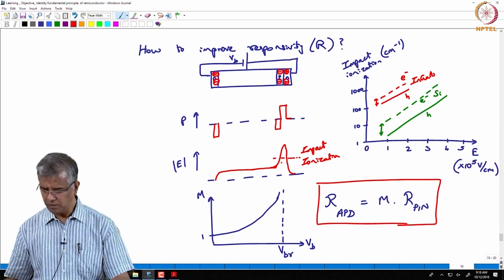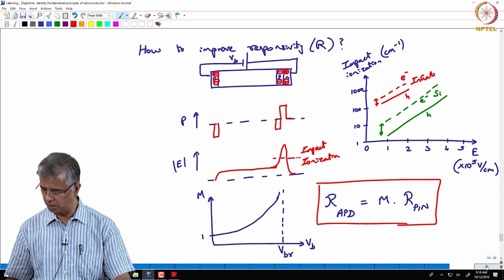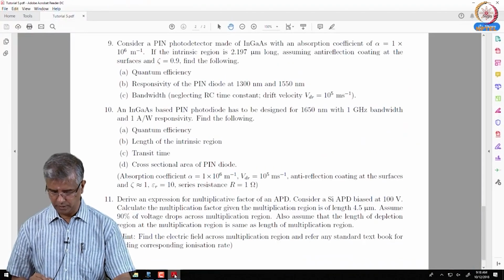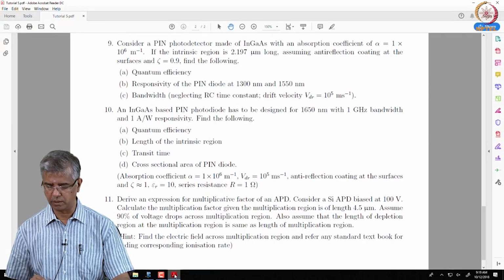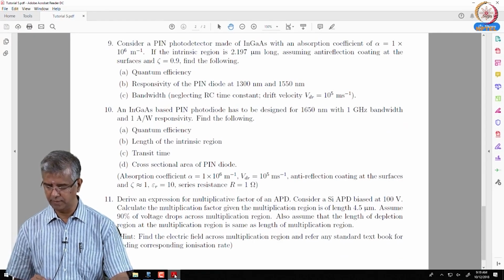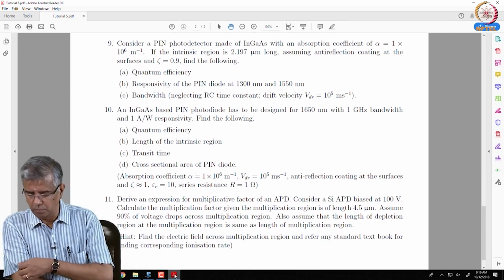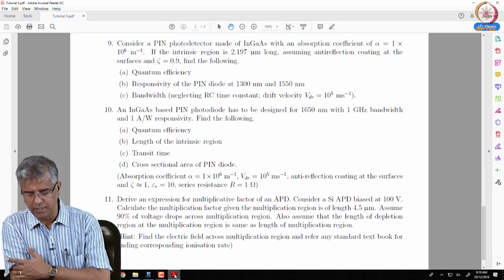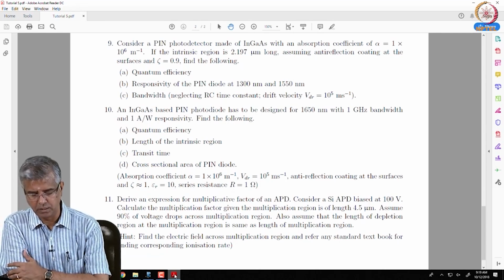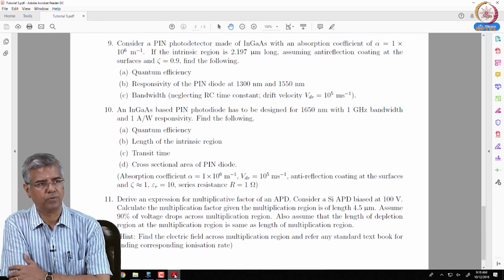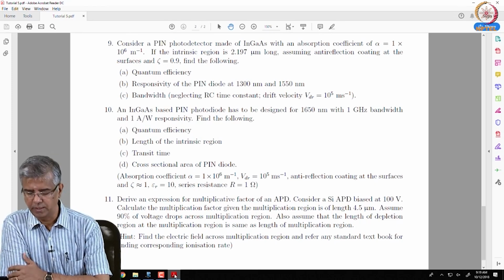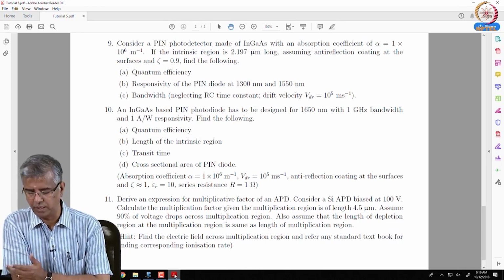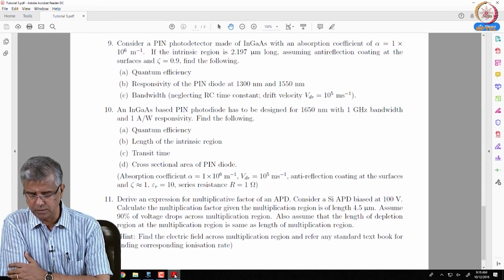So, based on all of this, let us just take up a couple of examples and try to solve those. I am going to pick examples from here, question number 9 and 11. Okay. Question number 9, we are talking about an indium gallium arsenide based PIN photodetector. The absorption coefficient is given, that should be as a function of lambda, but let us just say that absorption coefficient corresponds to what you have near the band edge.